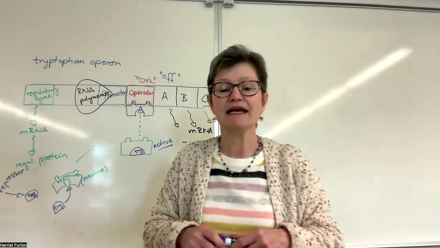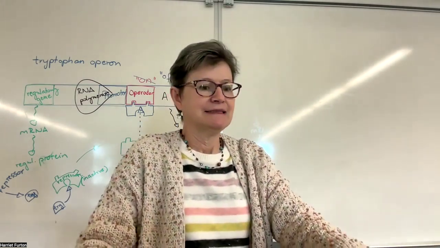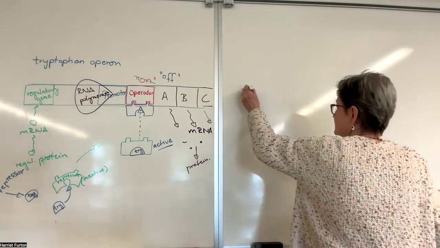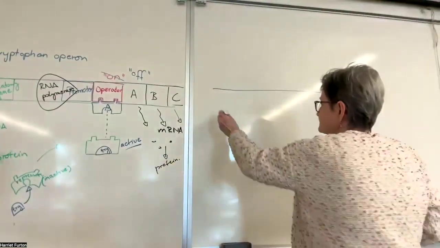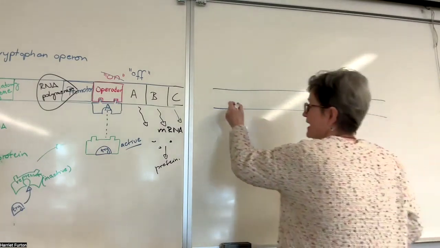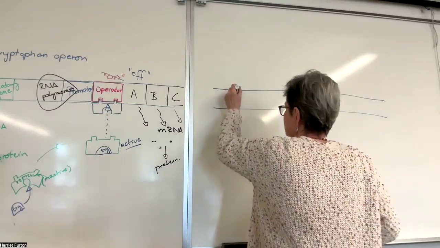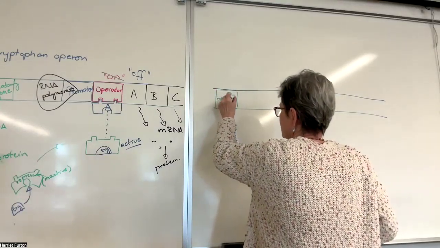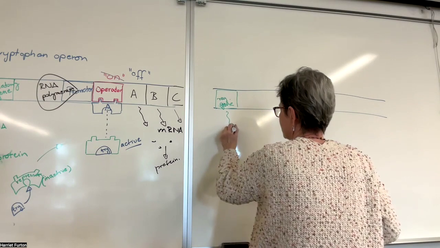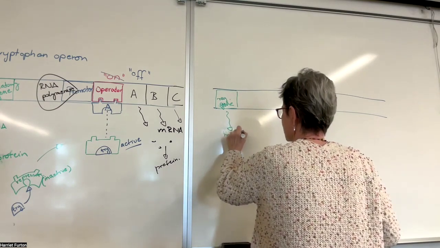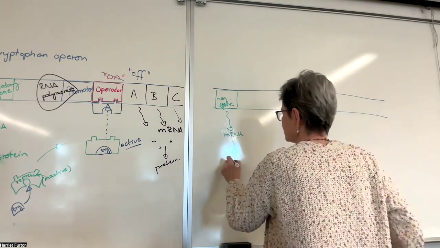The other one is the inducible operon. So let's draw this out, the inducible one. Now, again, everything is pretty much the same layout. An operon, here is the regulatory gene for a protein. We have the transcription, messenger RNA, and we are making a regulatory protein.